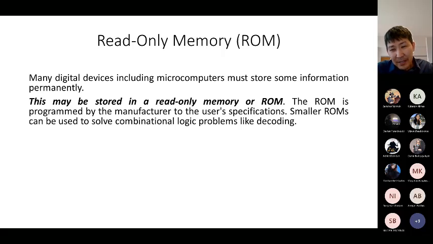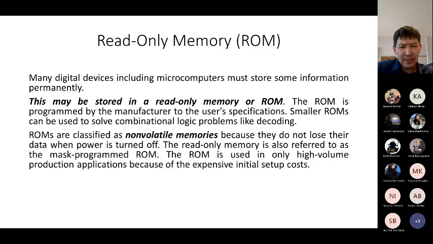But if you need some ROMs for circuits that you design, you can create this read-only memory yourself by using the combinational logic problems that I taught you in our previous lecture. Today I show you some simple primitive examples, but you will understand this principle.